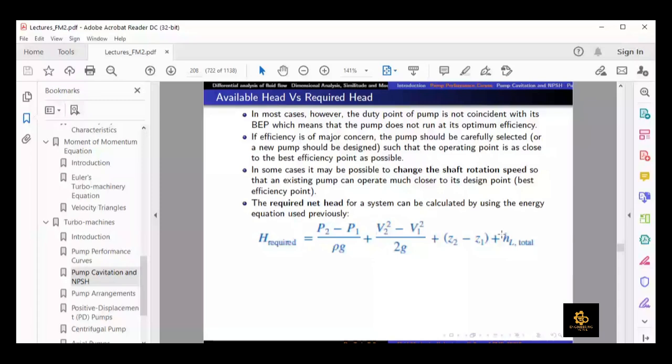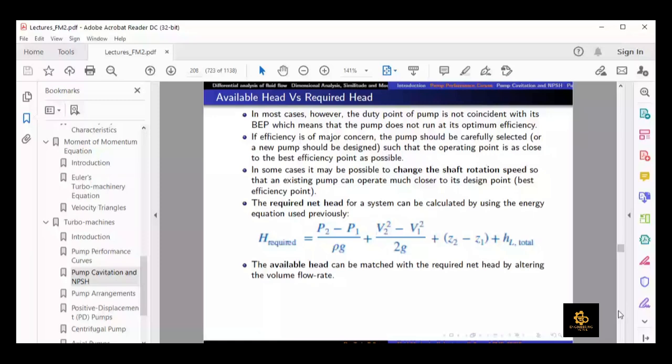We all know that this total head loss comprises two parts: one is major loss and one is minor loss. The available head can be matched with the required head by altering the volume flow rate. So it means that if we can change the volume flow rate of the piping system, we can match the available head with the required head, right?